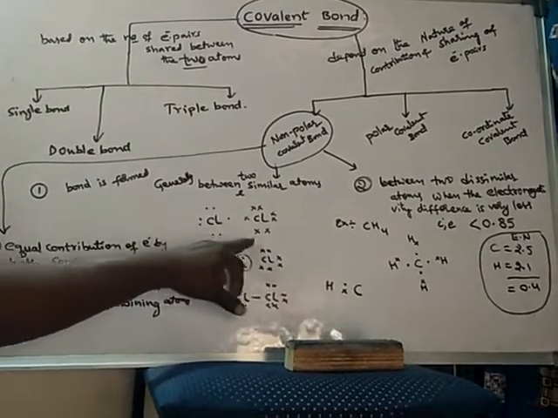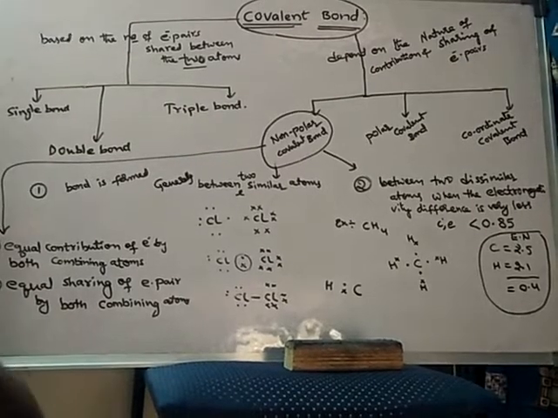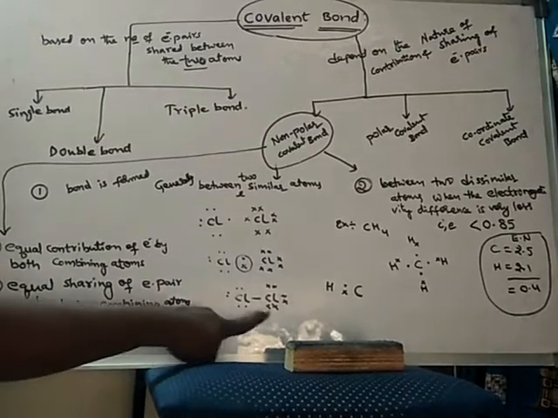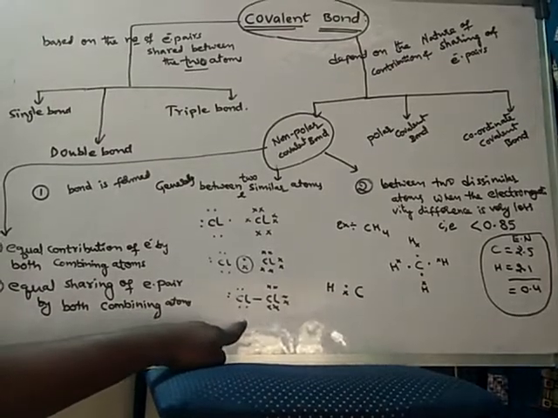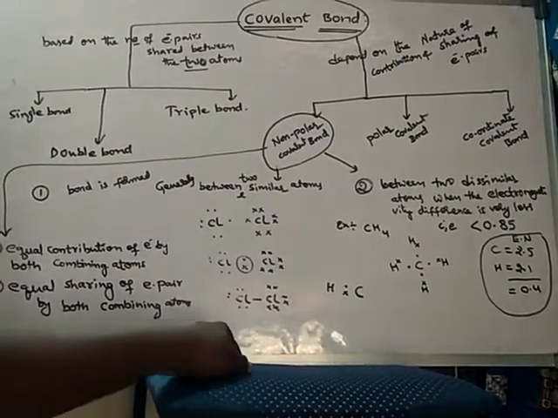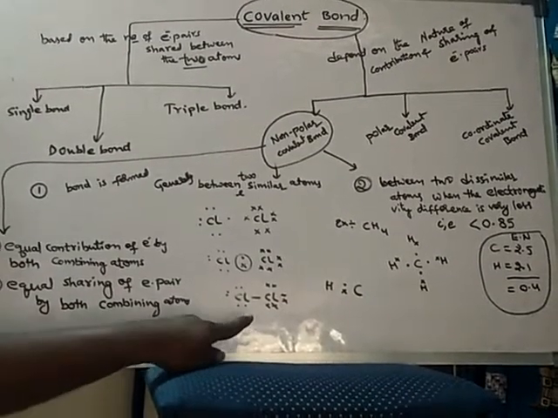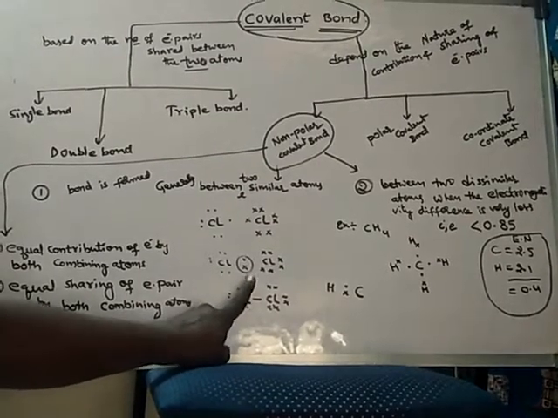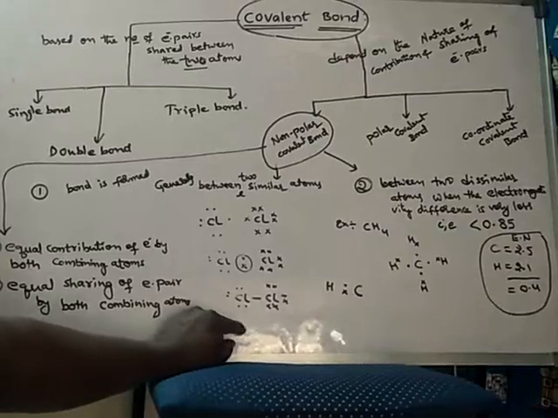So here the bond is formed between two similar atoms. This electron pair is shared by both the atoms equally, as these two are similar atoms.